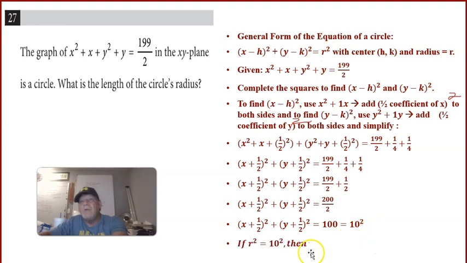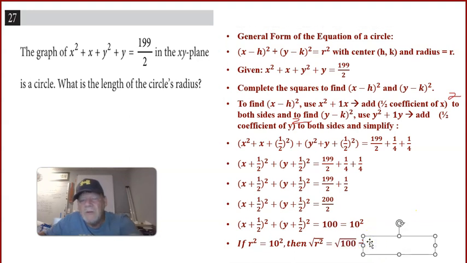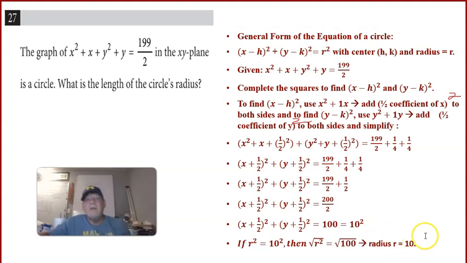So all I'm going to do is take the square root of r squared and the square root of 100, not 10, of 100. That is a typo. And the square root of 10 squared, or 100, ends up being 10. So the radius is 10. Hopefully you're able to get that radius correctly.